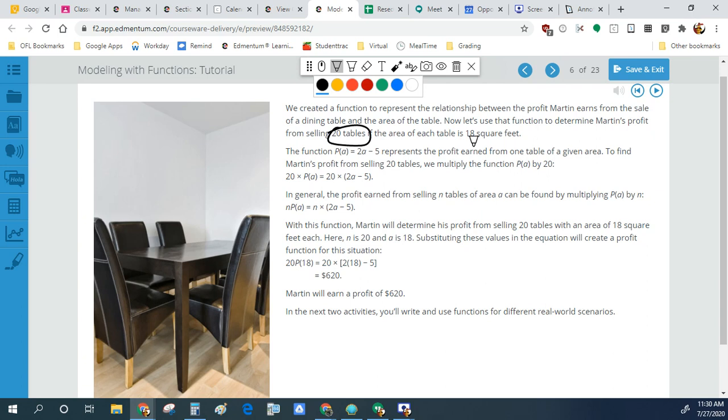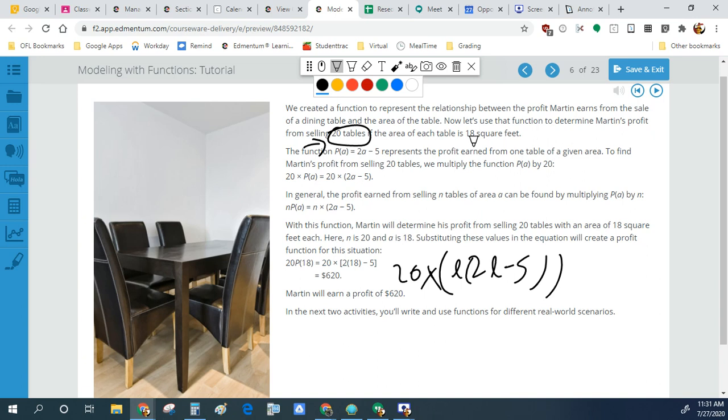I'm going to go with my example, so we have the lengths, this times the length, and we still don't know what the areas are, but now we're looking for 20 tables, so this is going to be times 20. And I know these numbers aren't matching up with what's on the screen, but I want you guys to think of how this applies in general as opposed to what's on here.